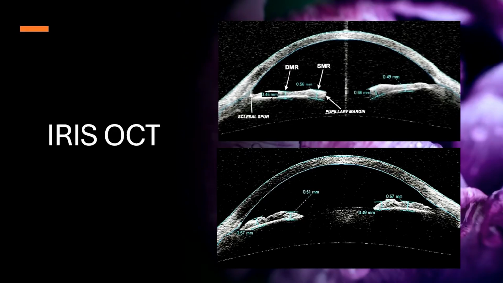Here we see 2 OCT images of the entire anterior segment with measurements of the total iris and partial measurements of the anterior pigmented epithelium, the stroma, and the posterior pigmented layer.